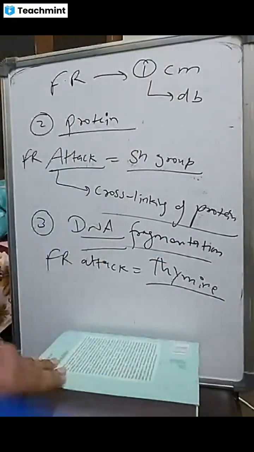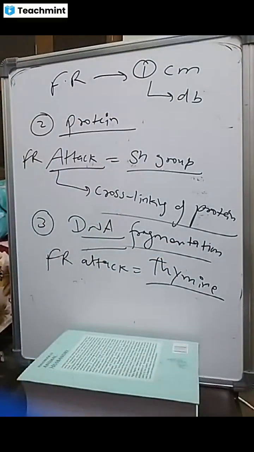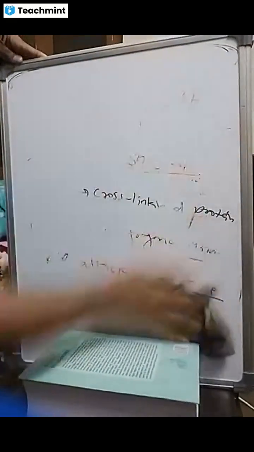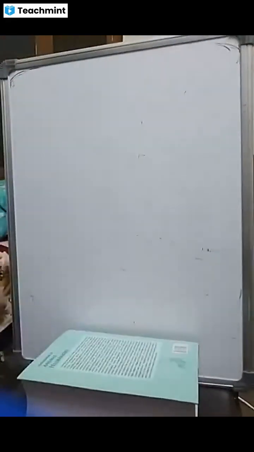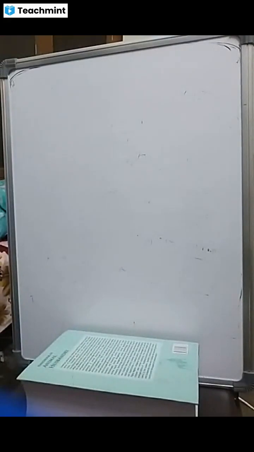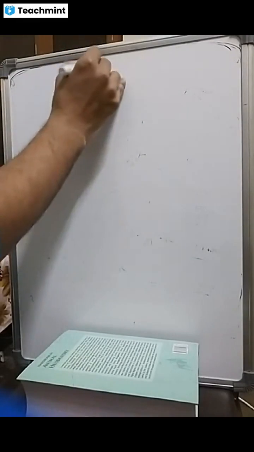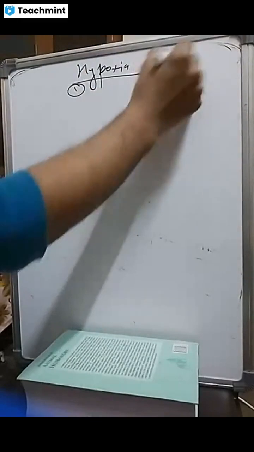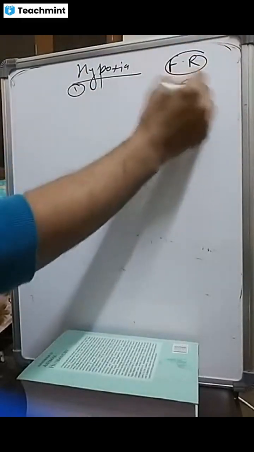So these are the effects of free radicals, which is called free radical injury. So there are two causes, hypoxia and second was the free radical.